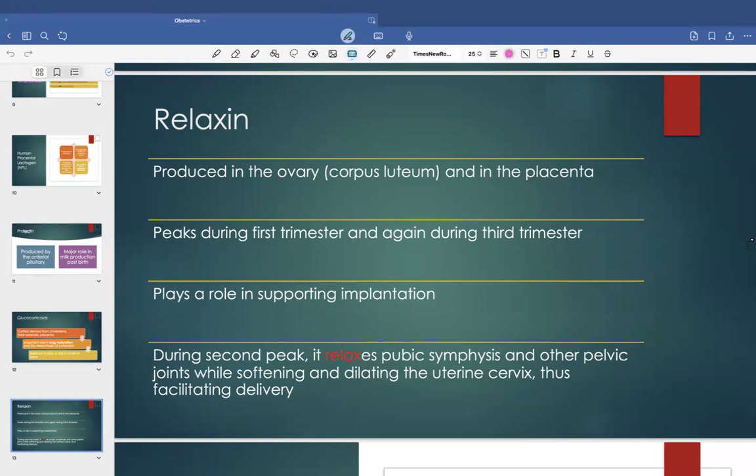So initially it helps in supporting implantation. During the second peak, it relaxes the pubic symphysis and other joints while softening and dilating the uterine cervix to help facilitate delivery. So relaxin is going to relax the pubic symphysis and get the body ready to facilitate delivery.